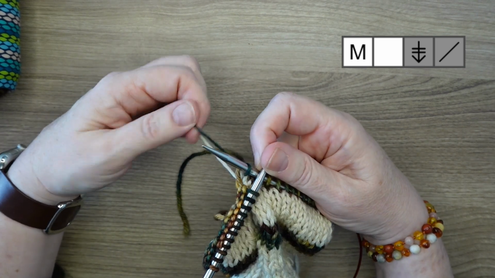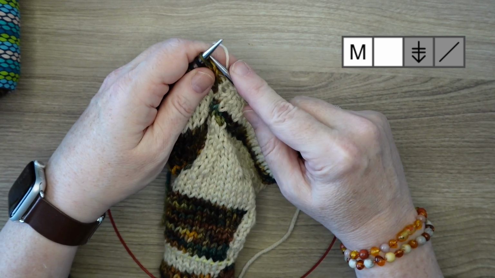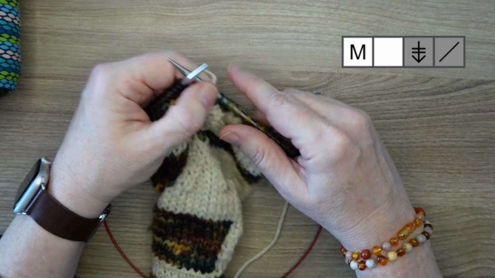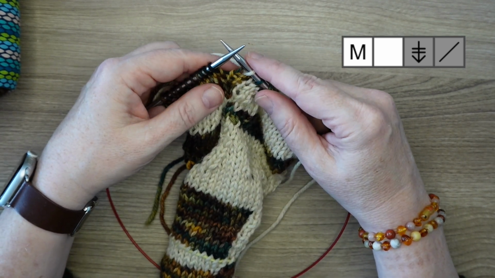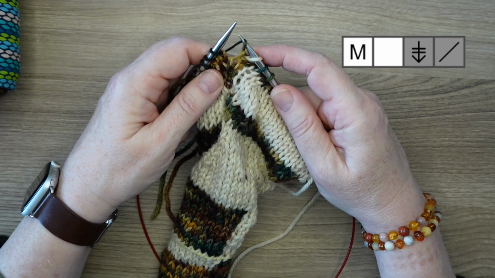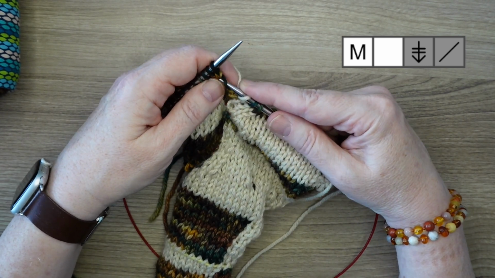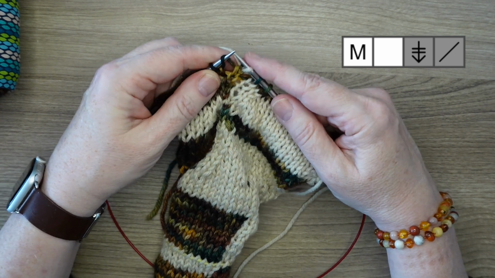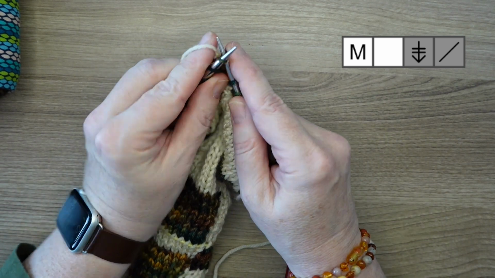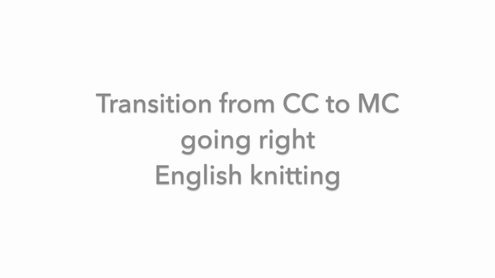I'm going to change color by grabbing my main color from underneath, knit one, and make one by lifting up the strand between the stitches on the needle and knit it, twist it.